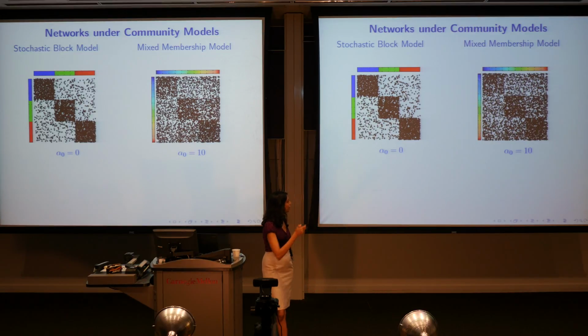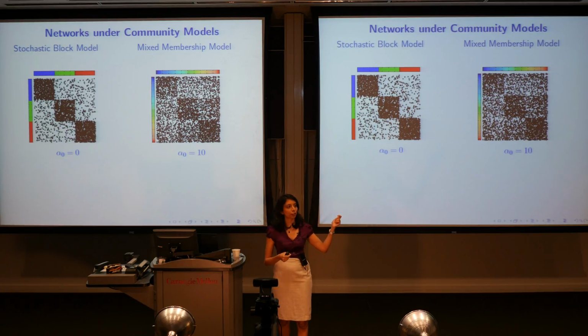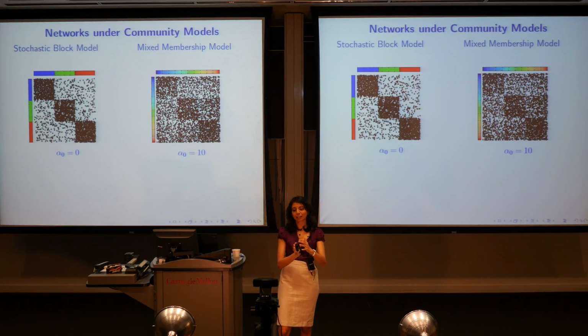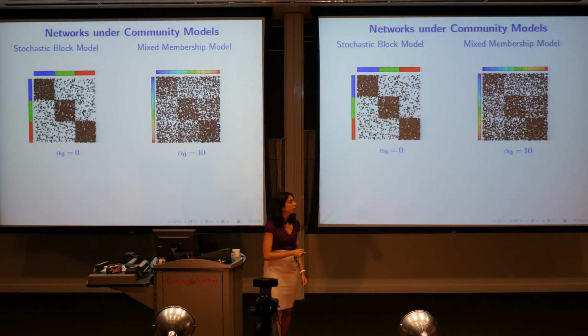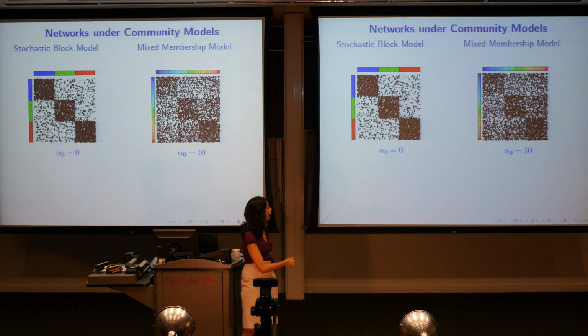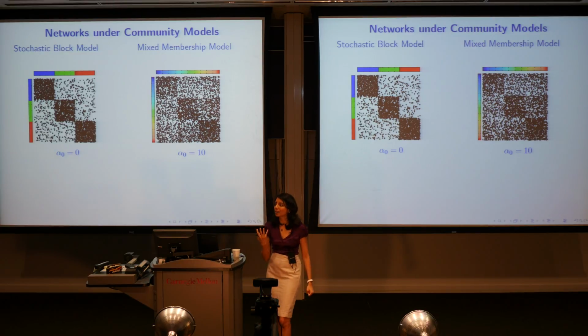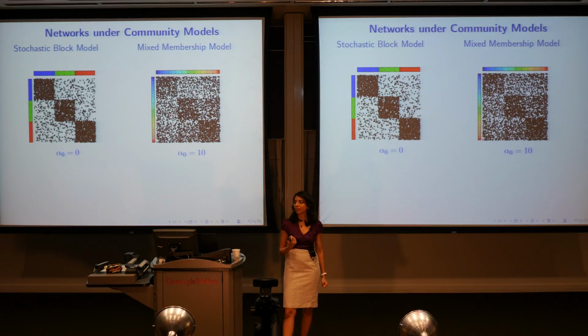Okay? And in fact, as I increase this concentration parameter, if you recall for the Dirichlet distribution, my sparsity level would go up. Meaning the node is likely to be in more communities as I increase this concentration parameter. And you can also see that in the coloring here, the nodes are now in more communities than before, and it does become harder to tell apart what the communities are.